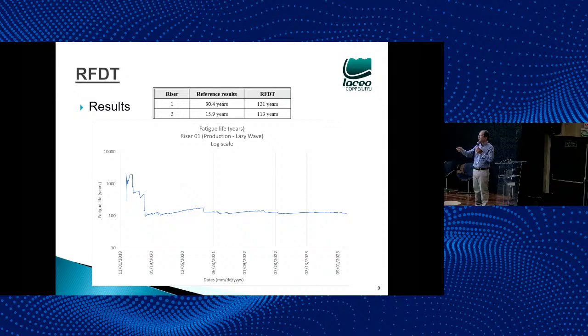Here in this graph we have a 4 years span of time. In this case, it seems that in just 1 year, 1 year and a half, the life is stabilizing, but we have some other results where the fatigue life stabilizes after 3 or 4 years. So we need some long data series to evaluate these fatigue lives effectively.